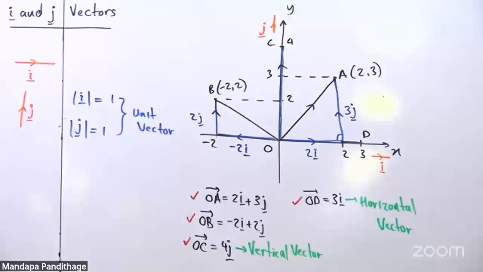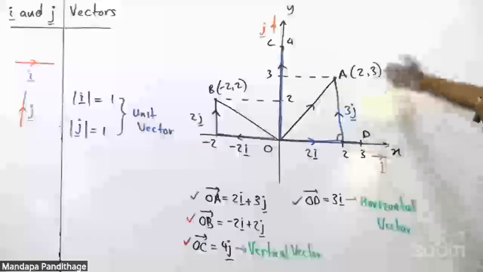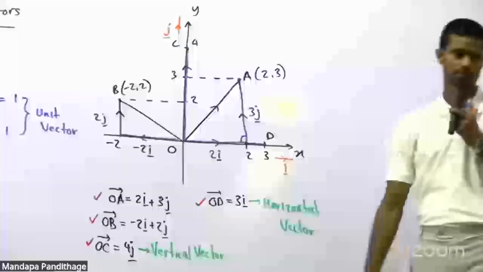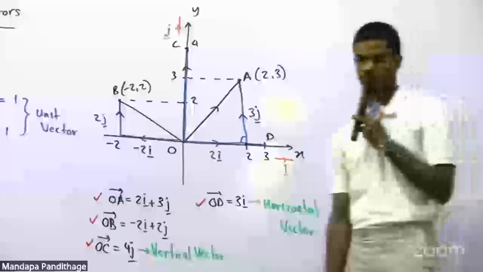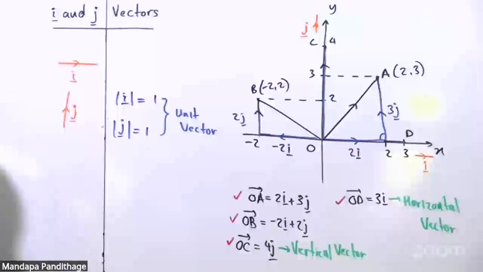Whatever I say, you need to focus and pay attention. Then write this, draw this diagram and write these 4 vectors. Consider this data.